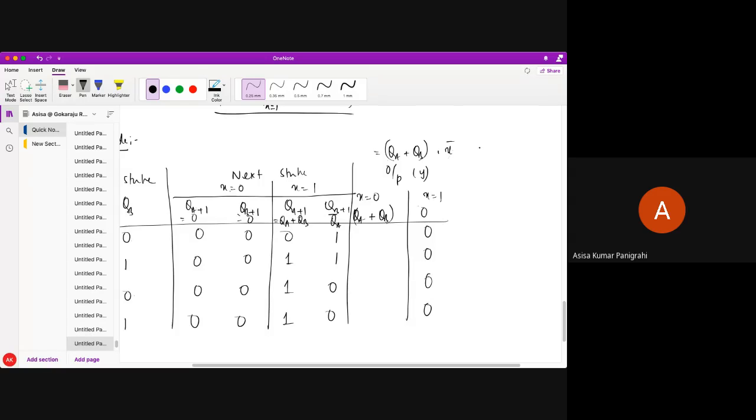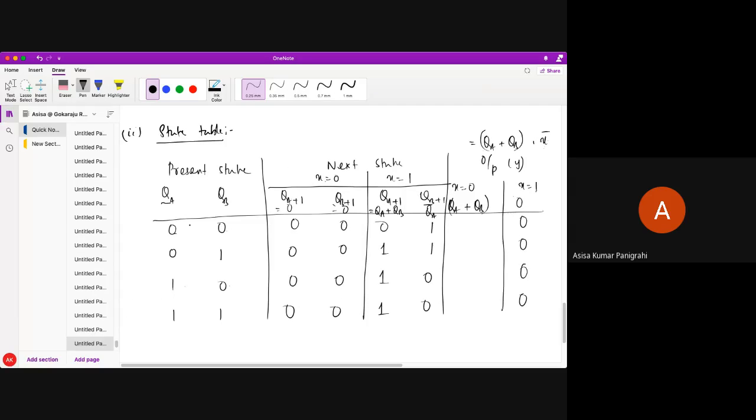If you have doubt, just put it here: QA or QB, x is 1 means you put 1 bar. 1 bar means 0, and anything ANDed with 0 is 0. That's why I put 0. This is just an OR gate: 0 or 0 is 0, 0 or 1 is 1, 1 or 0 is 1, 1 or 1 is 1. So this is the state table I have got.